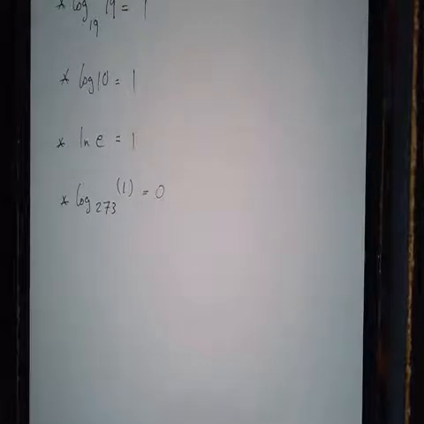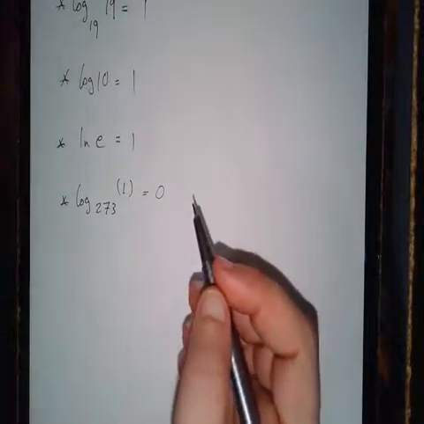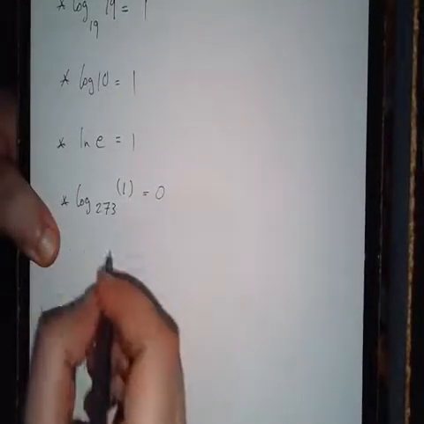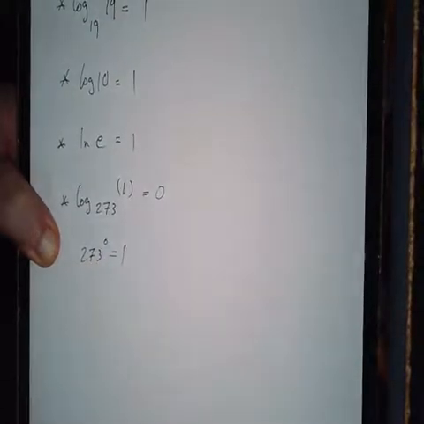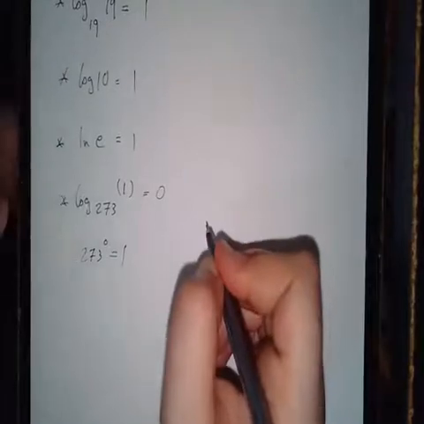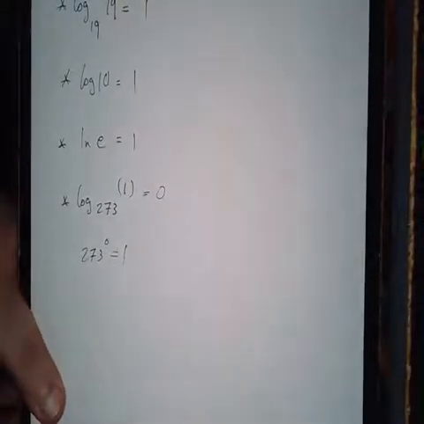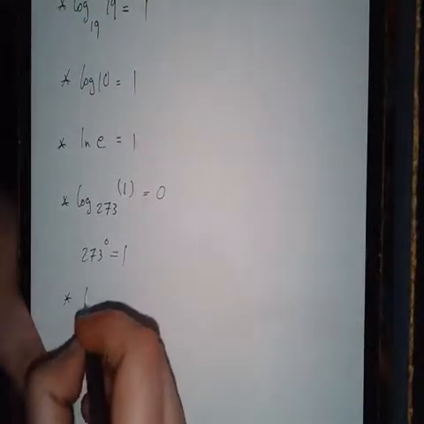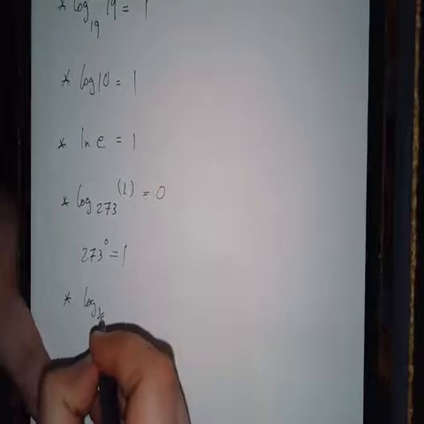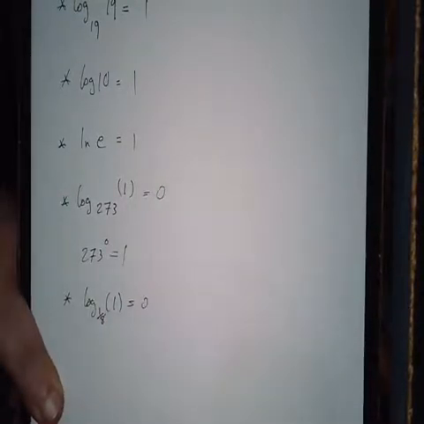Case in point, I gave you a ridiculous one, 273. But it doesn't matter because any number, for example 273, raised to the power of 0 will always give you 1. Okay? So, no matter the base, if you take a log of 1, the answer is always going to be 0. Okay, another one. Log base 1/8 of 1 equals 0.